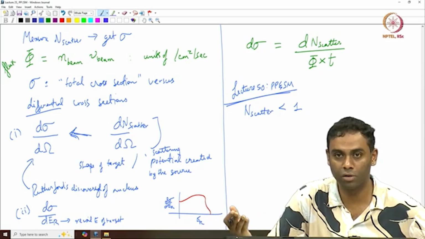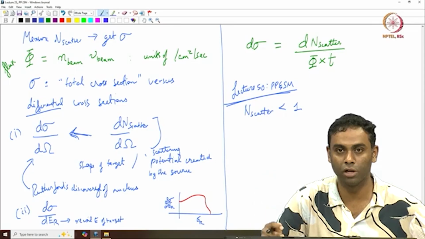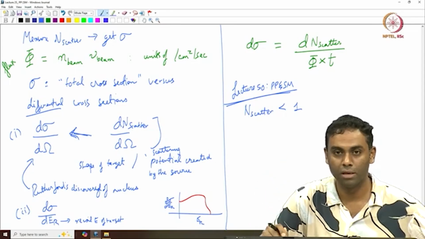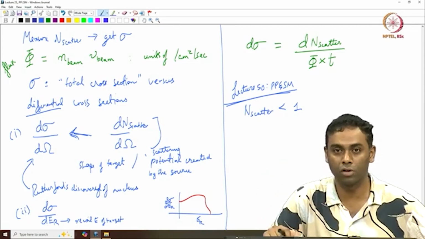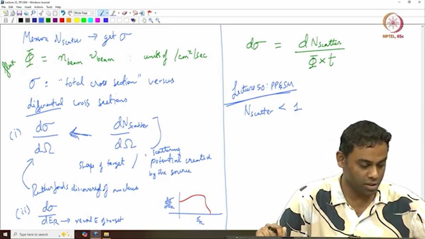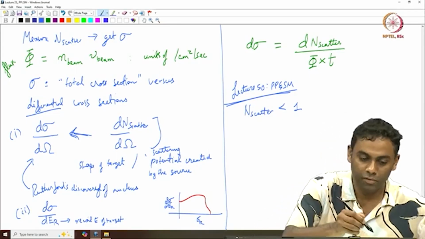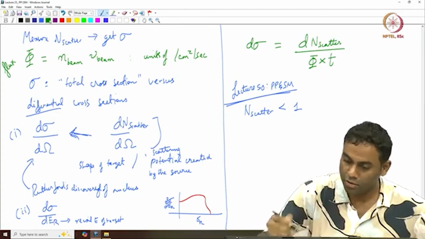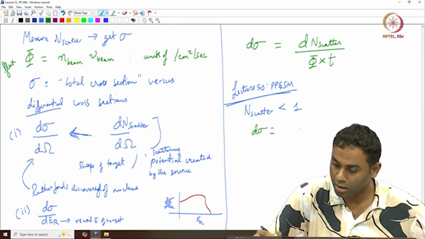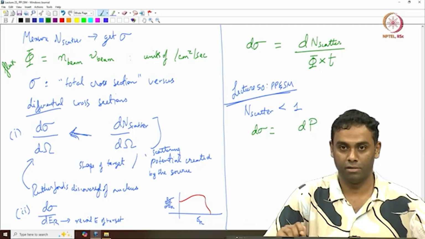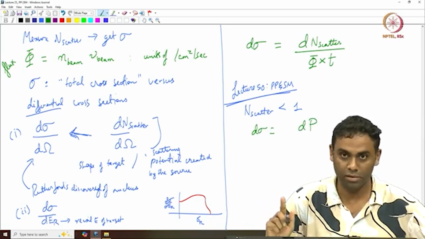If I do not wait too long, if I only shoot the bullet once on a rock, I am asking what is still the cross section. In other words, we are asking for the probability, not the number, right.